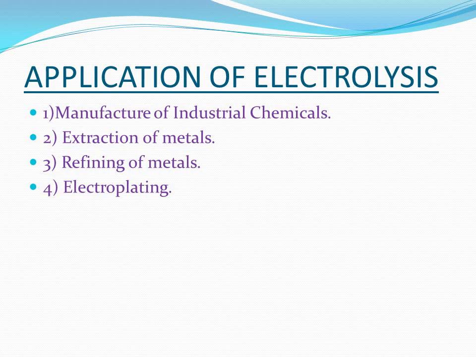First of all, in the manufacture of industrial chemicals: most things in the universe or on the earth are in the form of compounds, and if you want to take them out, we have to do it chemically.